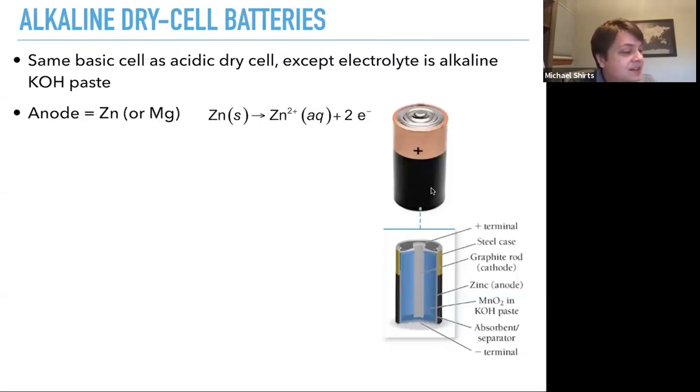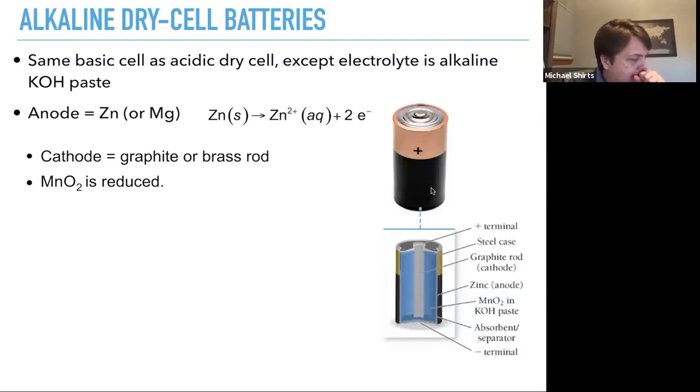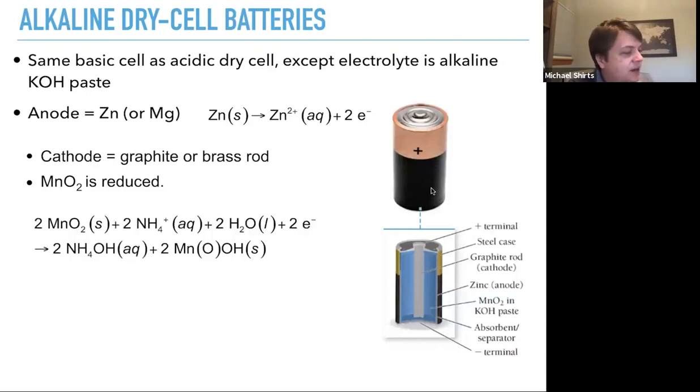The zinc from the casing is oxidized at the anode, and the cathode is graphite, sometimes a brass rod. It's a similar reaction for manganese being reduced, except it takes place in ammonium hydroxide. It's still reacting with ammonium in the solution, but there's ammonium hydroxide instead of ammonium chloride.